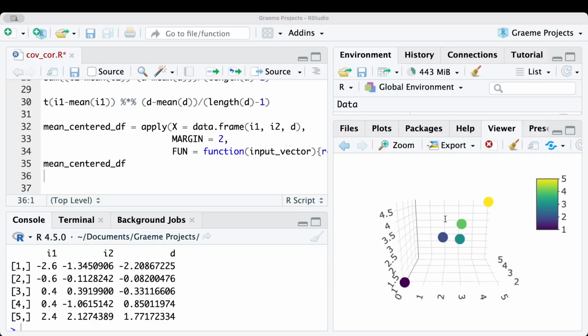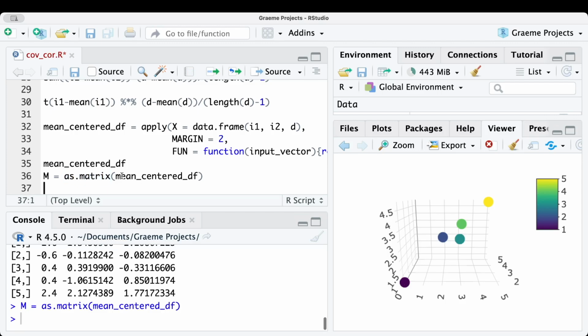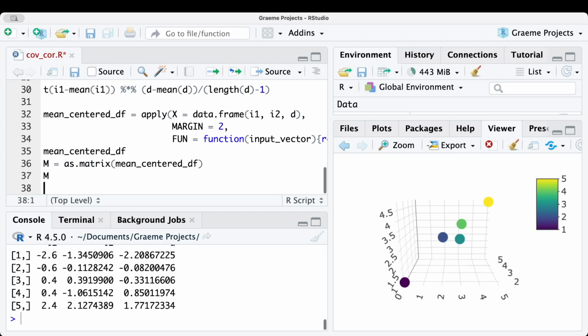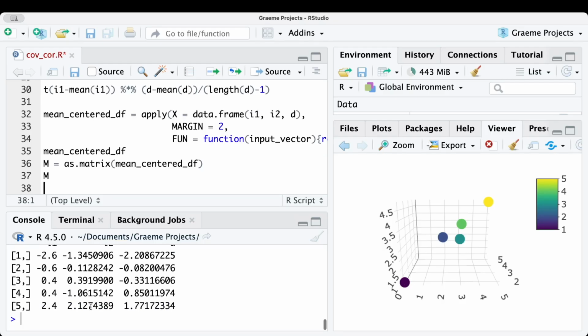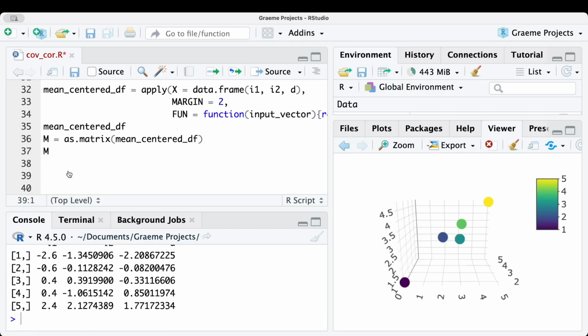So then we can make this mean centered data into a matrix here in R, and the syntax for this is the as.matrix function. Pretty simple to remember, and so we can look at M as well, and it's the exact same, right? It's just stored differently in R itself.